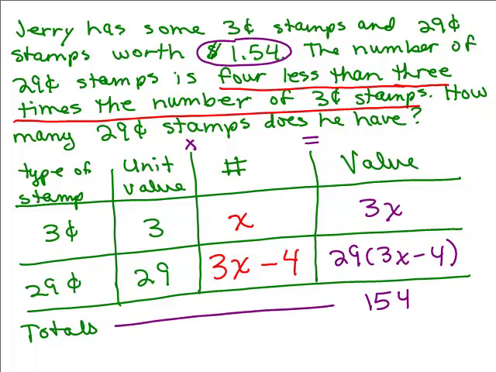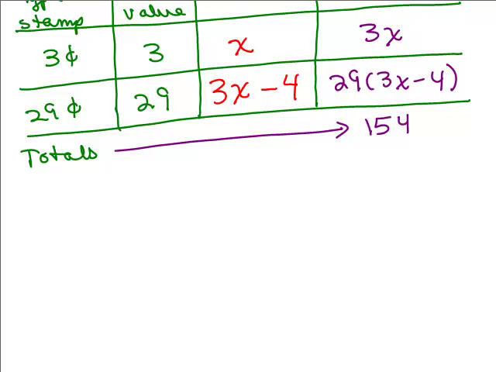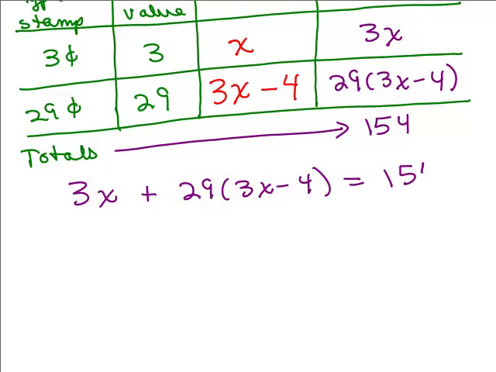So our equation comes from the total value of the 3-cent stamps plus the total value of the 29-cent stamps equals the total value of all the stamps, 154. The value of the 3-cent stamps is 3X plus the value of the 29-cent stamps is 29 times 3X minus 4 equals 154. And this is the equation we're going to try to solve for X.